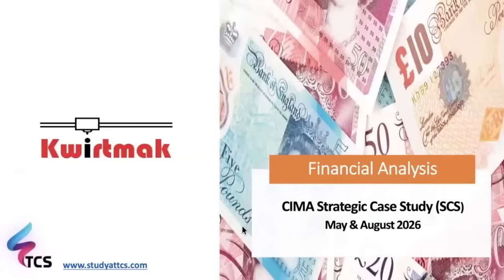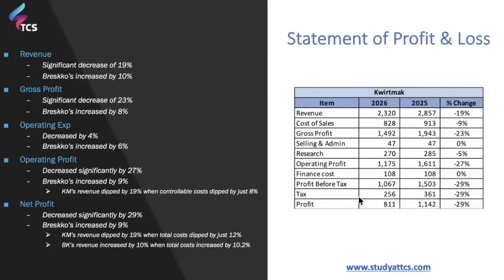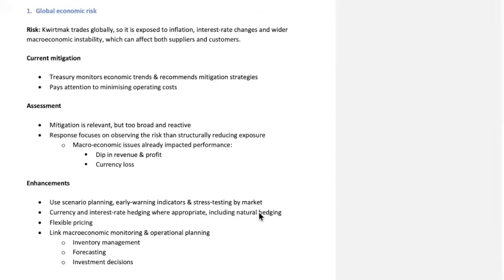So let me quickly take you to the statement of profit and loss. As you can see, our revenues between the years 2025 and 2026 have dipped by 19%. The same should be said about our profits as well. Our profits have dipped by 29%. So this indicates the fact that we are exposed to major financial issues in terms of revenues and profitability.